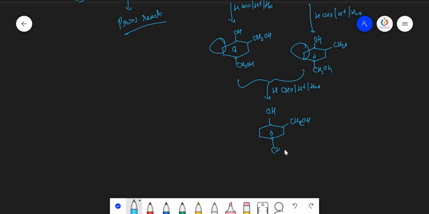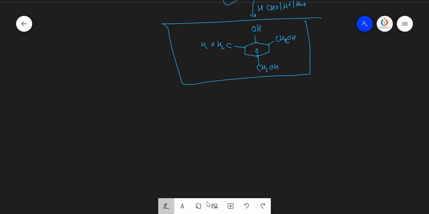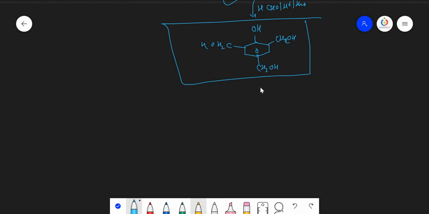OH, CH2OH, CH2OH, CH2. This product is so important for us in the polymer reactions. Why I am saying this is so important is when this compound is subjected to H plus acidification, it will take similar molecules like this.